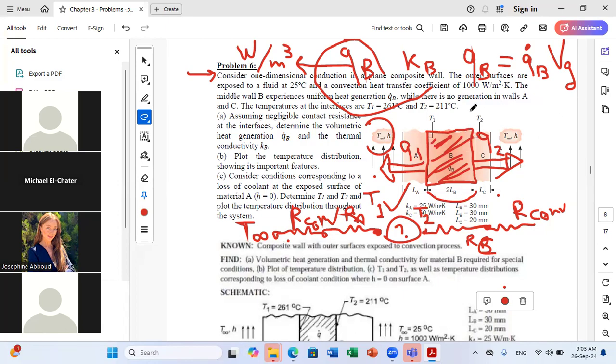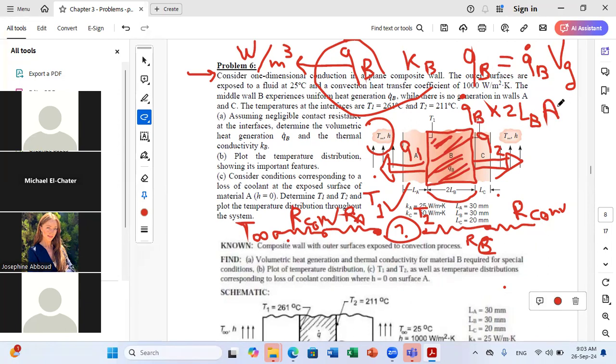So we can replace QB by Q dot B times 2LB times the area, okay?